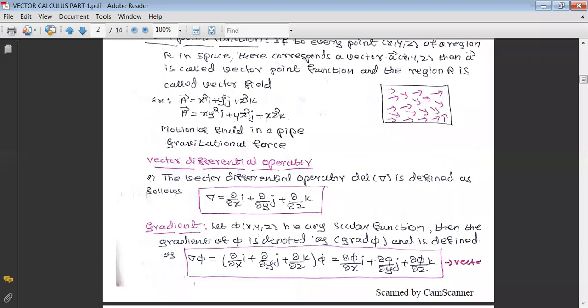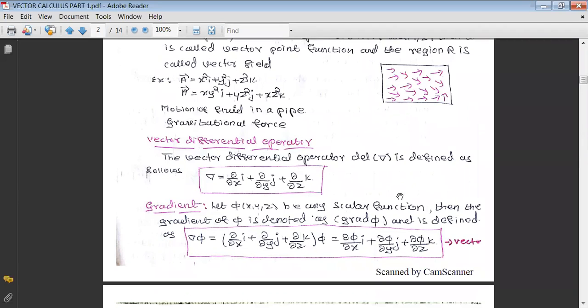Now let us discuss this vector differential operator, which is a basic component required to discuss the further topics of vector calculus.